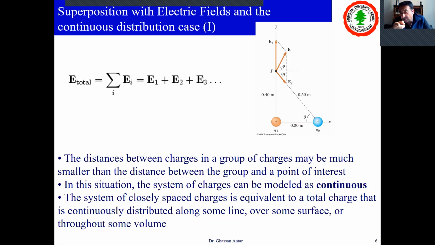The one from Q2 will be pointing towards Q2, since plus and minus attract each other, so E2 points towards Q2. Then when I add them up, E is equal to E1 plus E2, and this addition must be a vector addition. So basically, you need to project and then add, as we did for the force case.